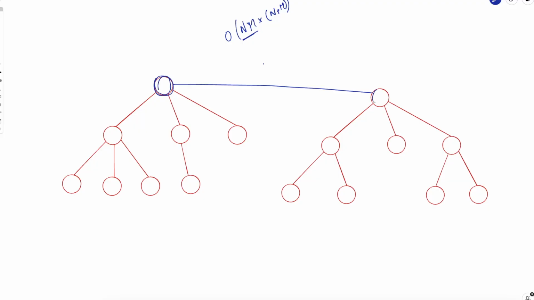Notice that this edge is connecting these two nodes, right? So if you have to consider this edge, these two nodes will be considered, and once this node is considered, you can simply say that whatever is the farthest node from here in the left tree and whatever is the farthest node from here in the right tree, if you combine those two, that will give you the diameter, right?